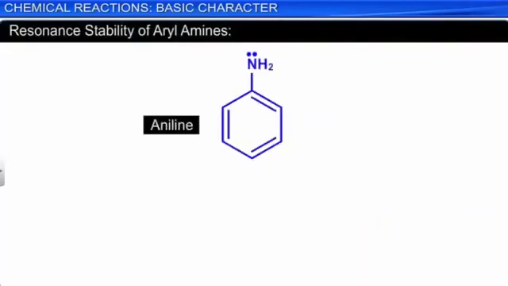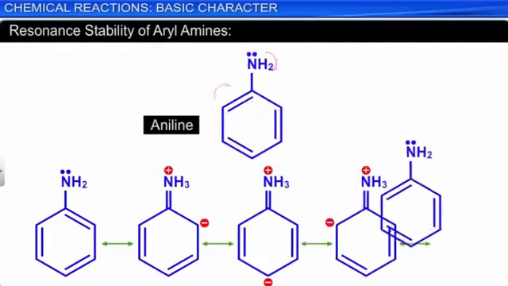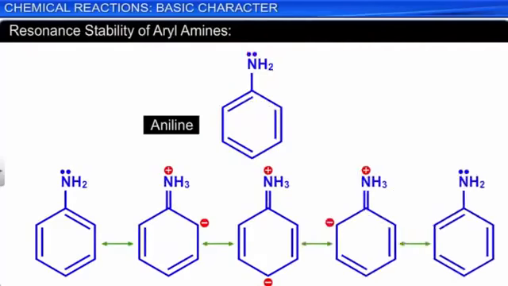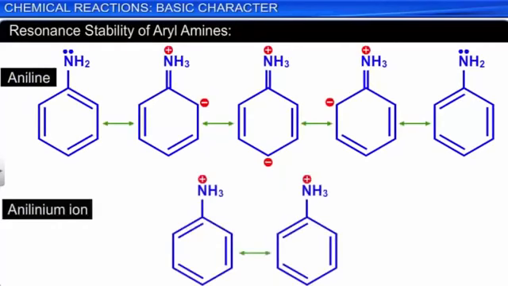The NH2 group in aniline or aryl amine is directly attached to an aromatic nucleus. As a result, a lone pair of electrons on the nitrogen atom is in conjugation with the aromatic ring, thus making it less available for protonation. On the other hand, the protonated aniline or anilinium ion, obtained by accepting a proton, can have fewer resonance structures than aniline.